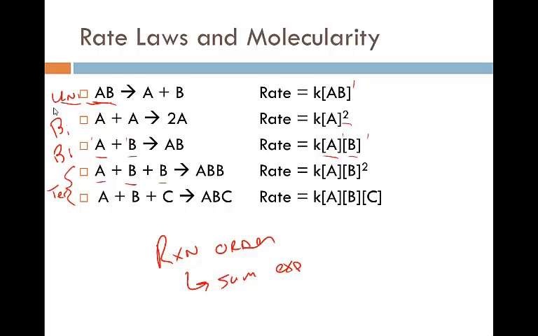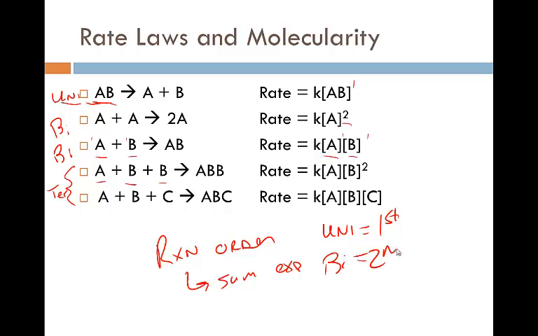So for a unimolecular step, 1 plus nothing gives us 1. For a bimolecular reaction, we get a reaction order of 2. Another bimolecular, 1 plus 1 gives us 2. Termolecular, we get a reaction order of 3. So what I want you to take away from this is a unimolecular reaction corresponds to first order.